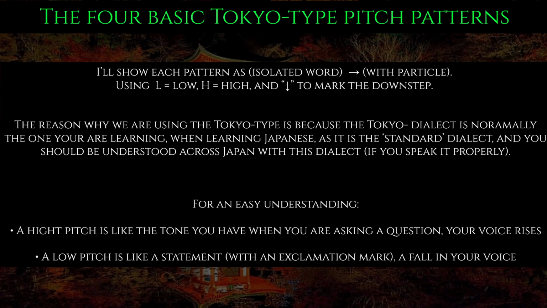So, for an easy understanding, a high pitch is like the tone you have when you're asking a question, so your voice is rising. A low pitch is like a statement with an exclamation mark, a fall in your voice. This is of course just an oversimplification, but should give you something to orient yourself.